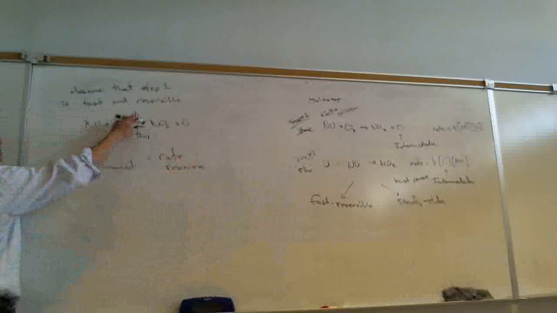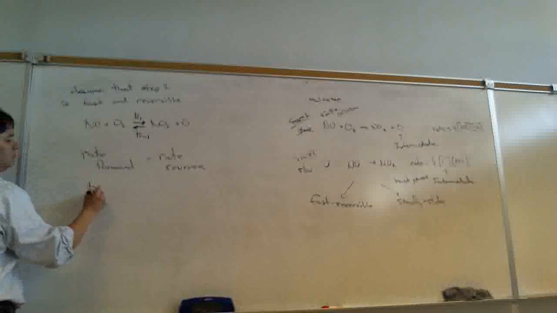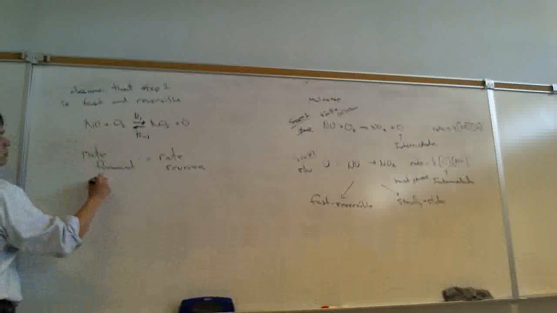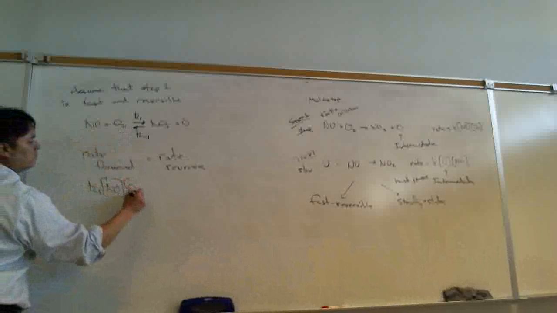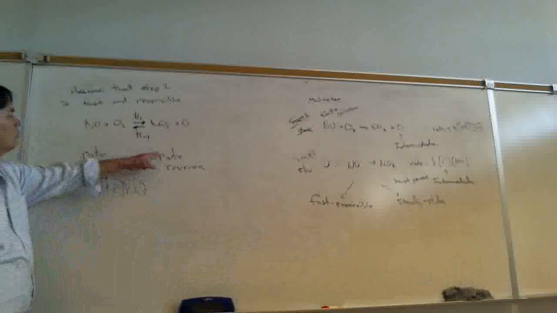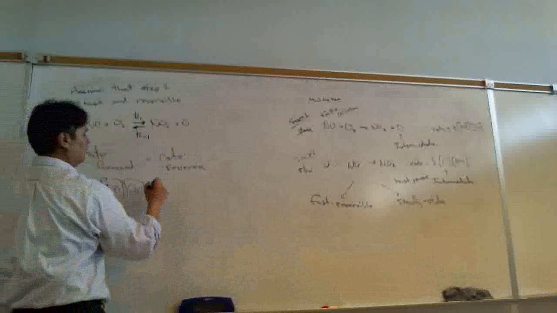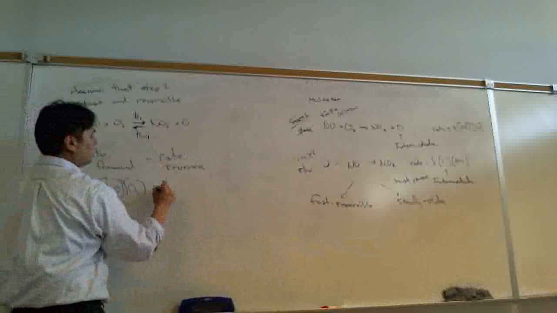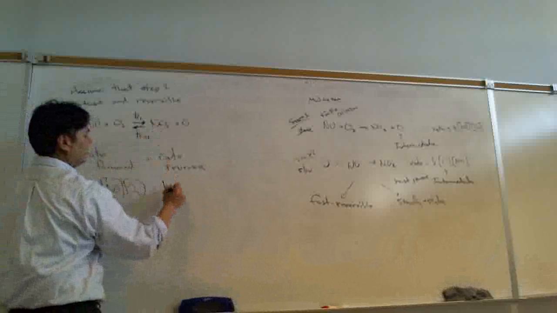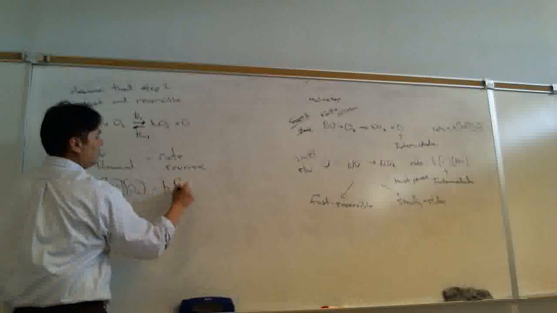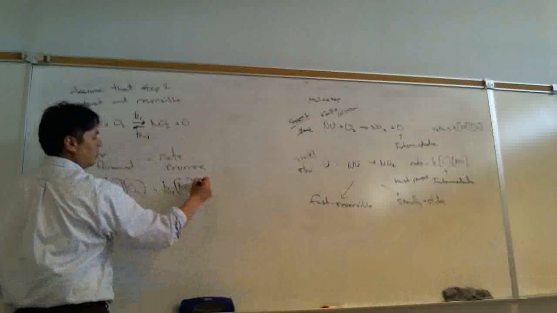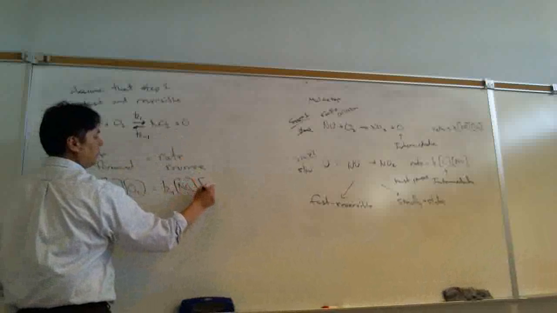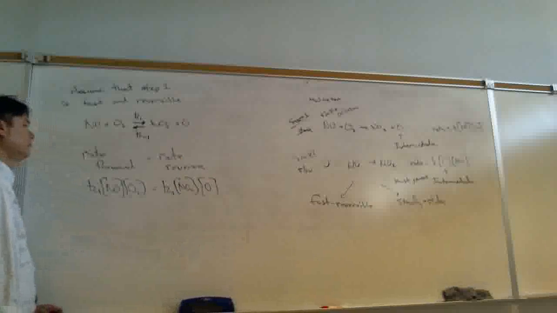The forward reaction is going to depend on K1, and it's going to be first order in NO and first order in O2. The rate of the reverse reaction here is going to depend on K minus 1, and that's going to be the NO2 concentration first order and first order in O.